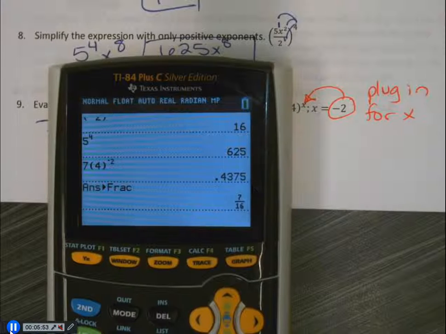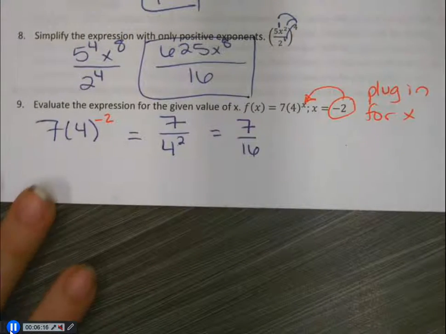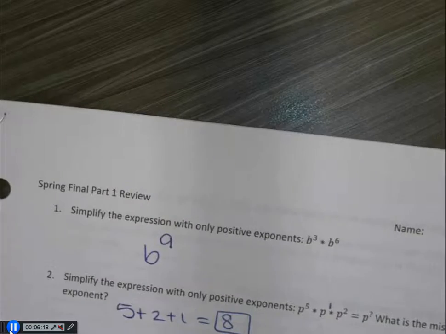Questions on 9? Typed it in the calculator, and then I went to math fraction. To show you that if I forget what negative exponents are, I can type it on the calculator instead.